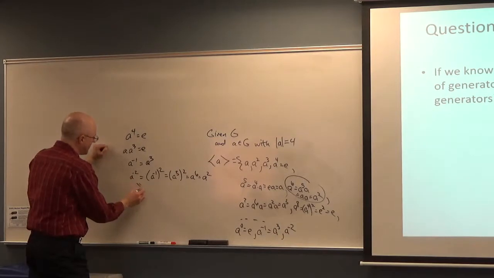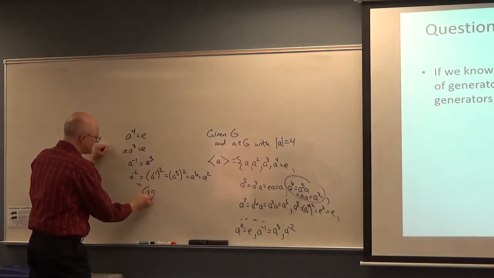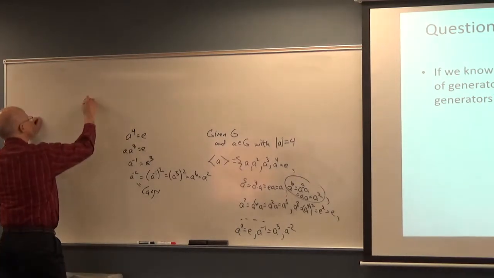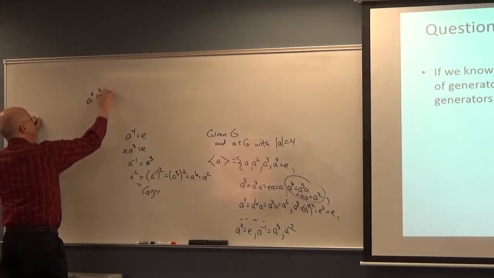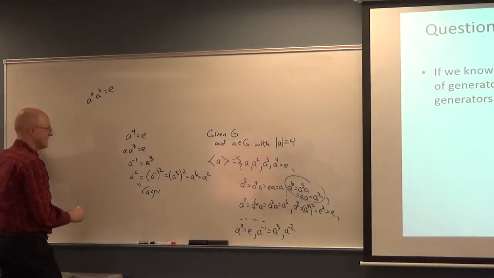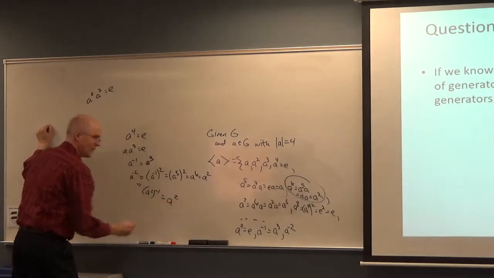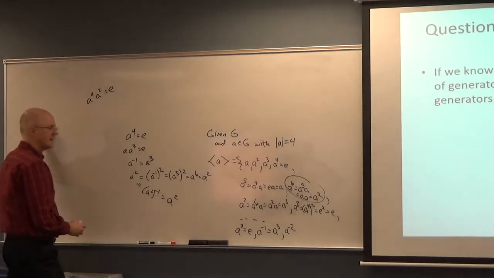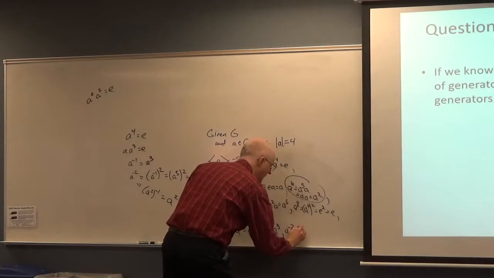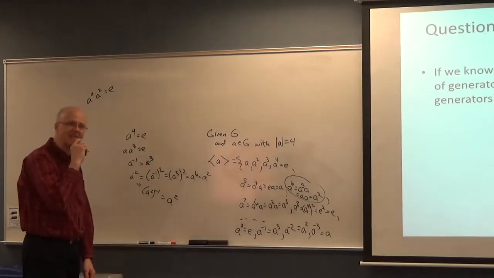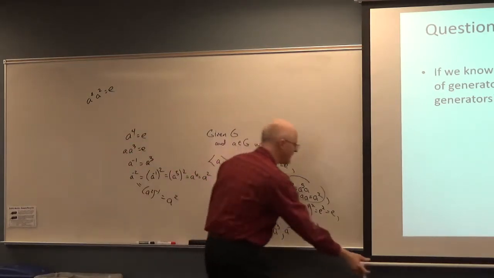Or it could be thought of as the inverse of A squared, which is itself, since A to the fourth is the identity. Either way, you get the same answer. That's good. This will equal A squared. A to the negative 3 will equal A. And A to the negative 4 will equal E.